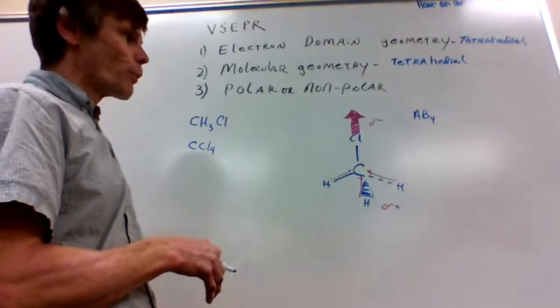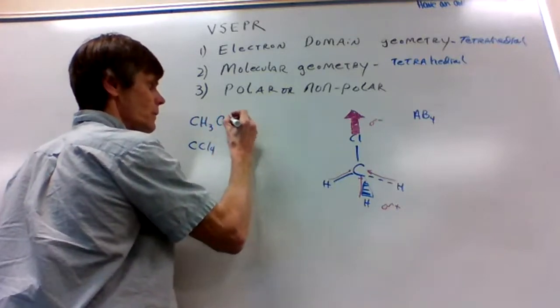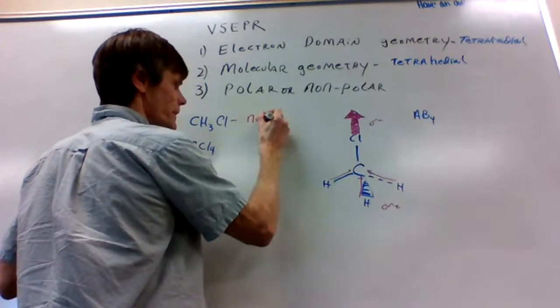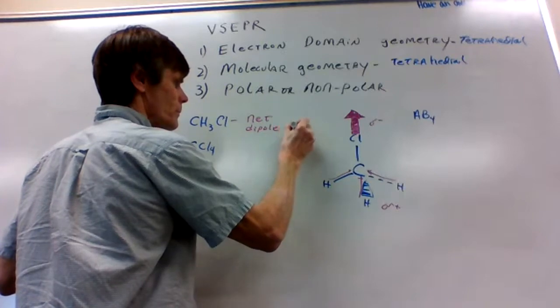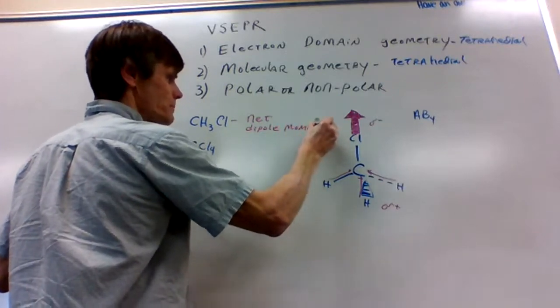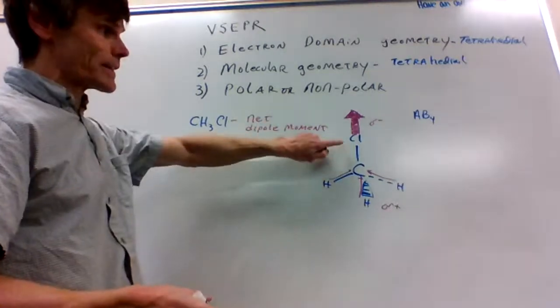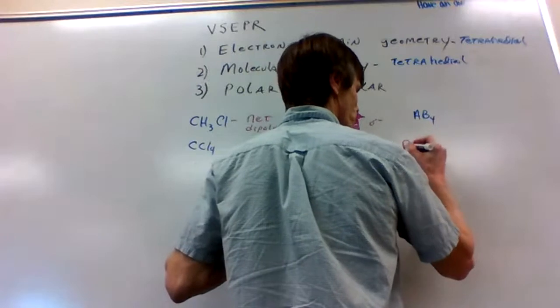And what we end up with, the difference here, is this: CH3Cl does experience a net dipole moment. Since it experiences a net dipole moment, there is a net distribution of electron density in the direction of our chlorine. This is polar.